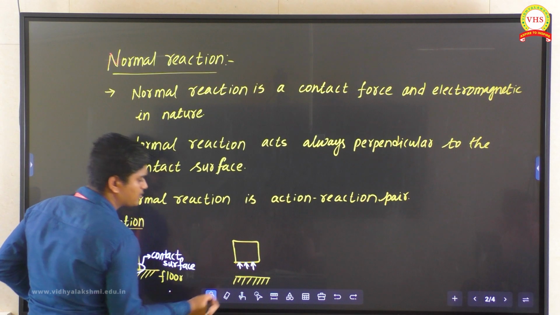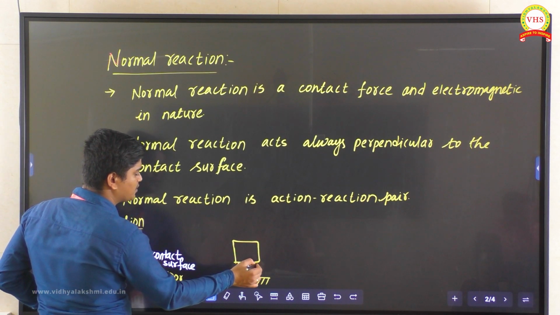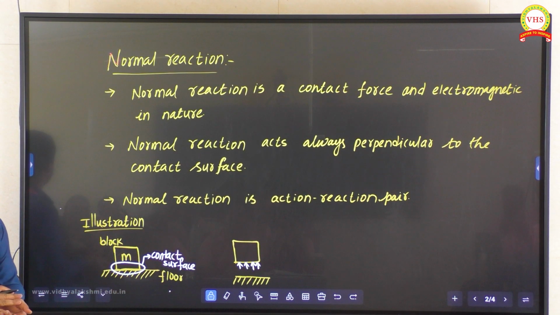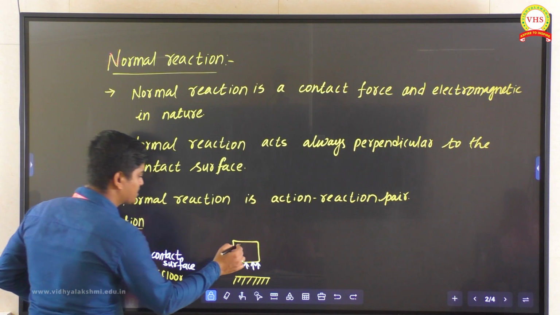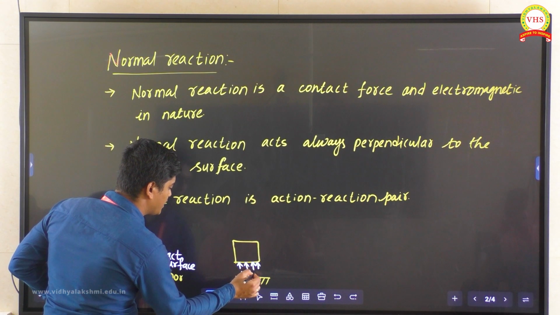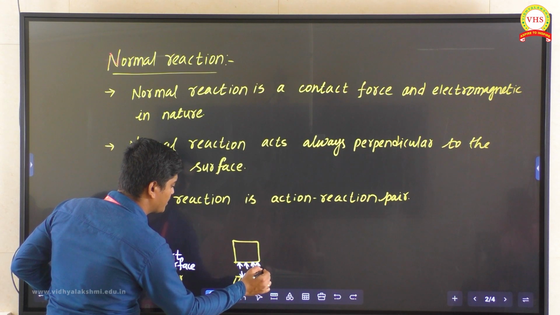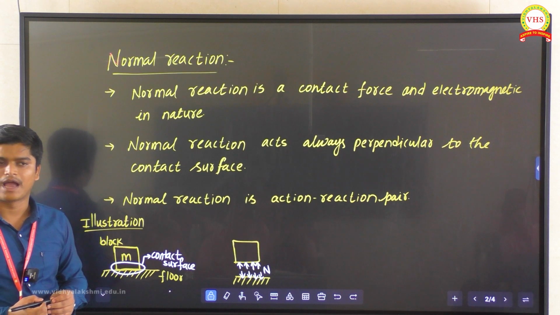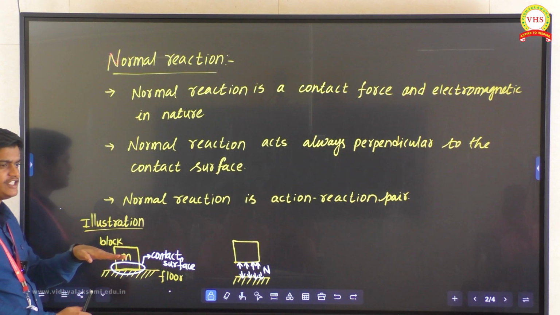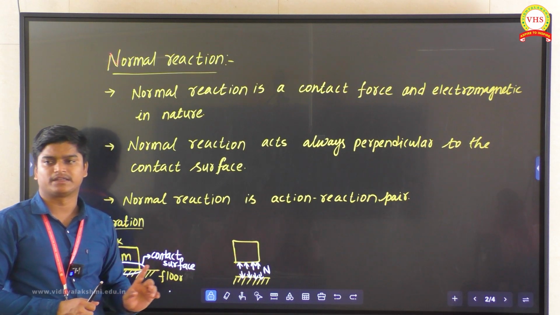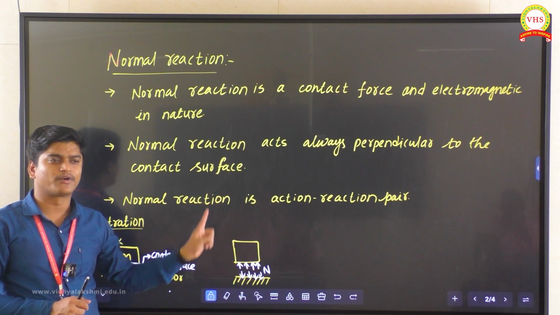Normal reaction on this mass M is acting in the upward direction, and on the floor it is acting in the downward direction. That one I'll give as N, normal reaction. I told you it is always perpendicular to the contact surface, so this force acts perpendicularly. See, this force is acting on two different bodies.